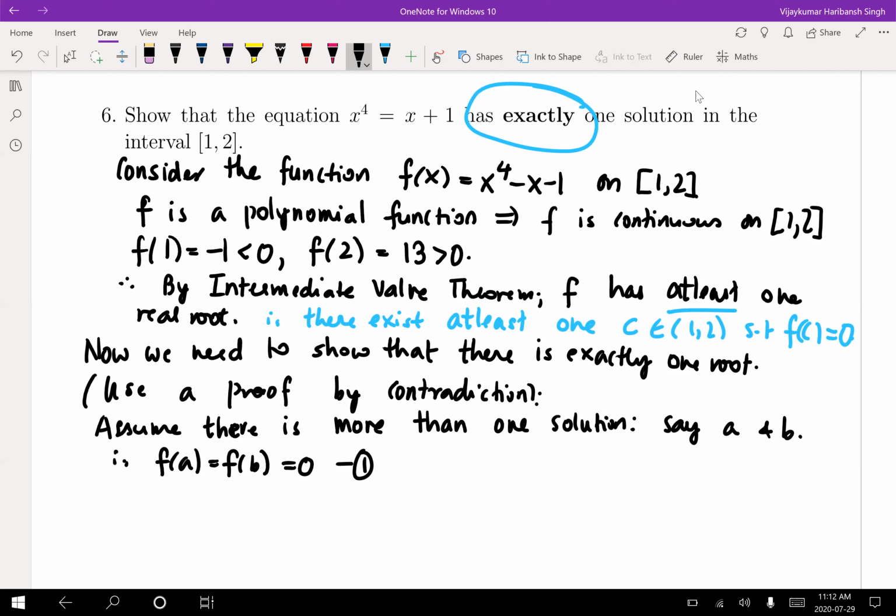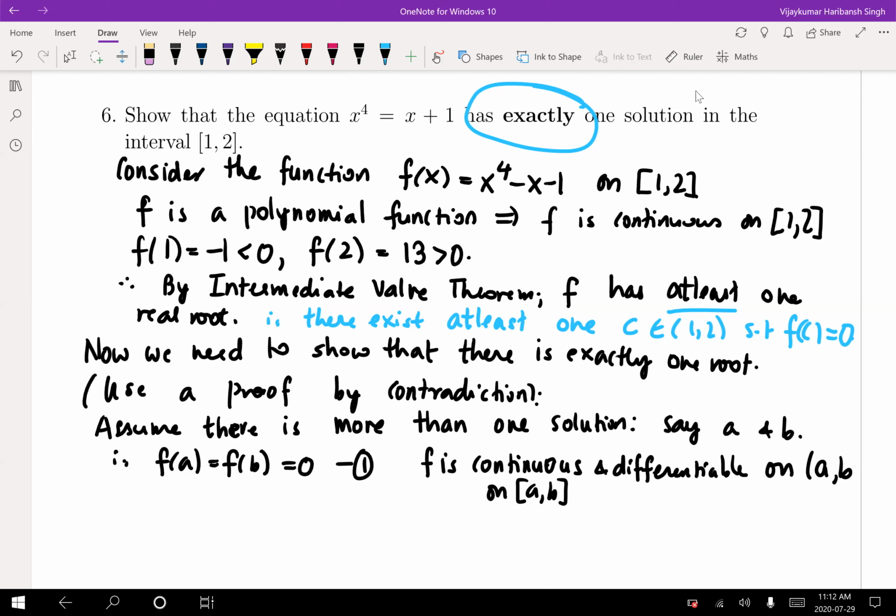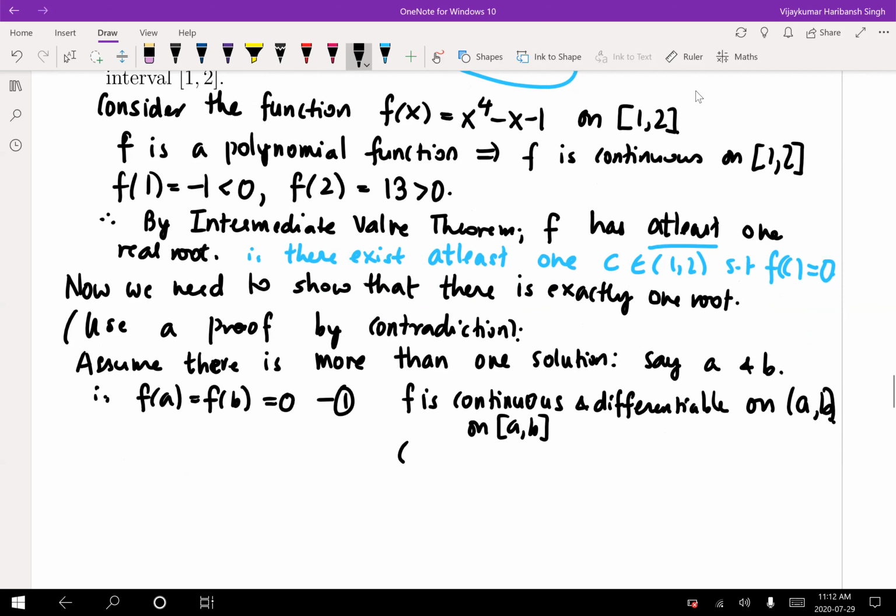Also, f is continuous and differentiable on what? On AB. Right? So continuous on closed interval AB and differentiable on AB. Why? Because f is a polynomial function. They are differentiable since f is a polynomial.